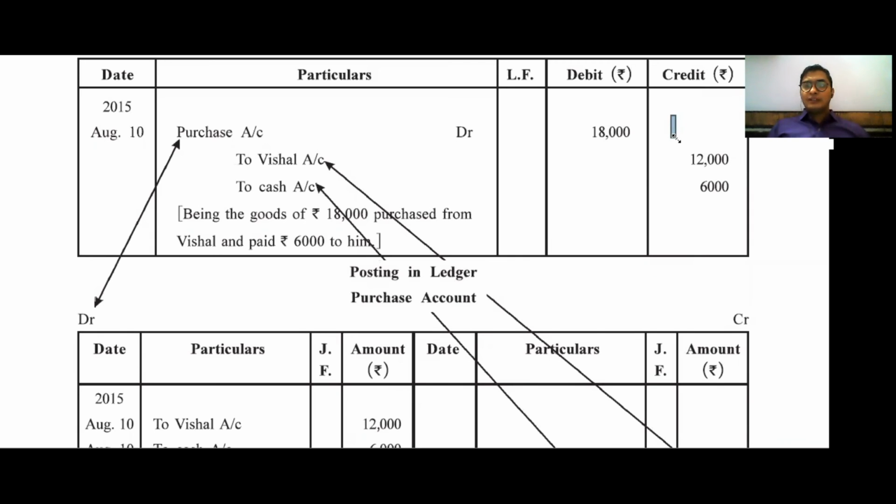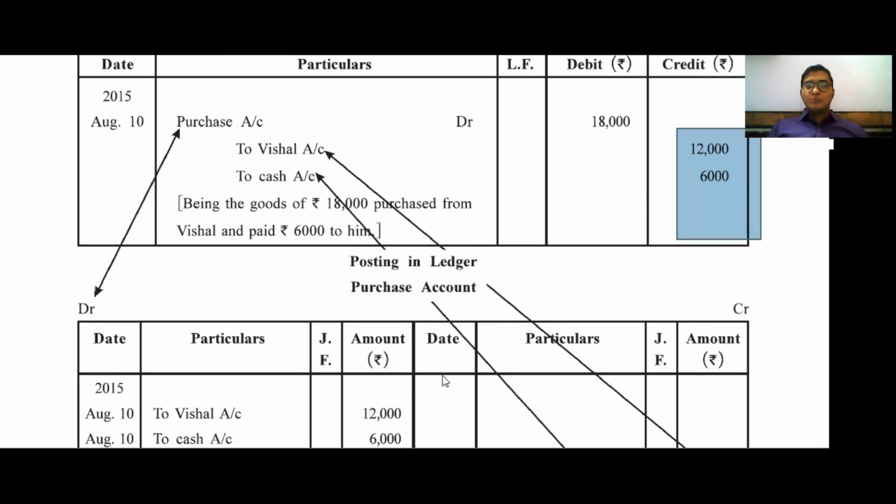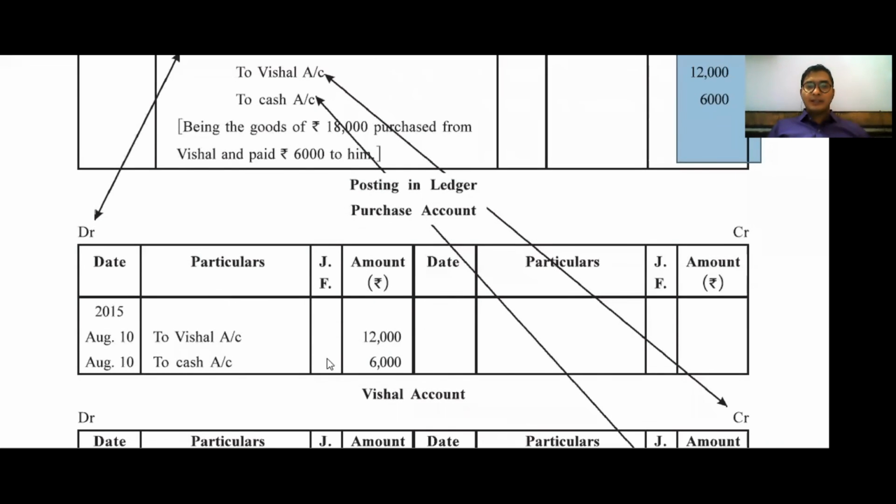Here 12,000 and 6,000, both amounts we have to debit in this account. Total amount affected is 18,000 only. But here two different ledger accounts, so two different names, two different amounts, but total remains same 18,000.